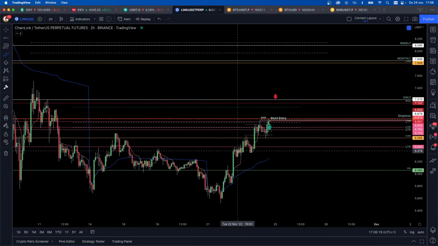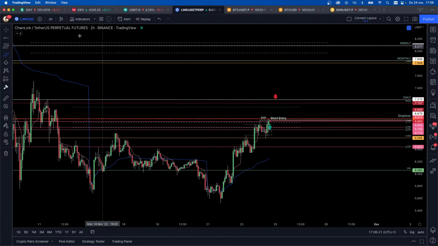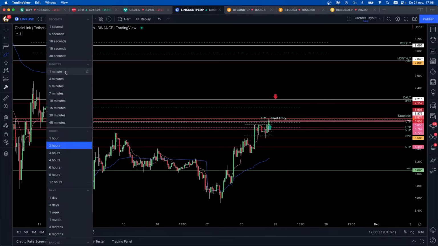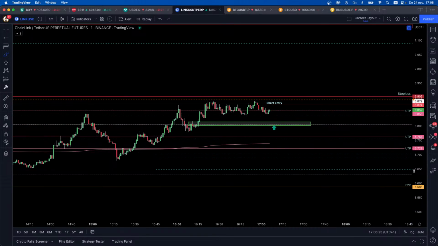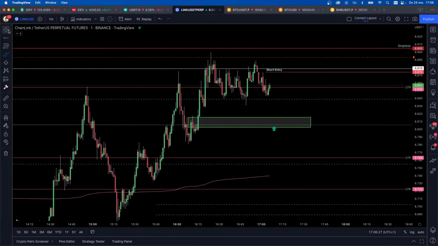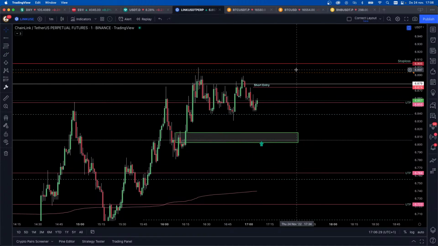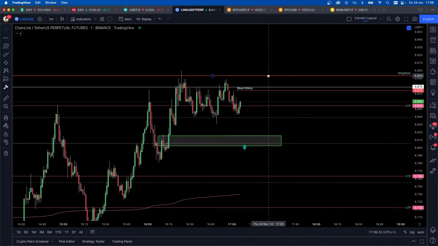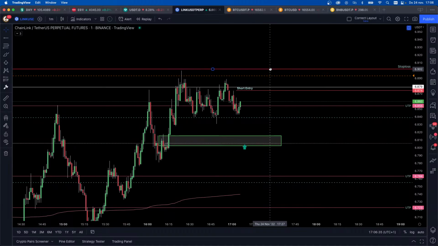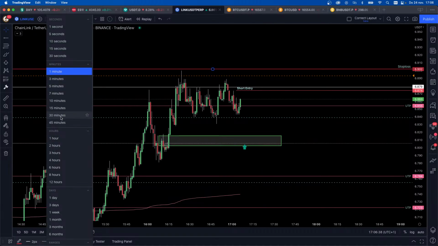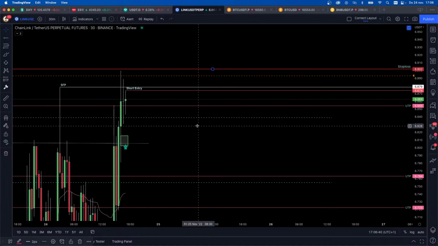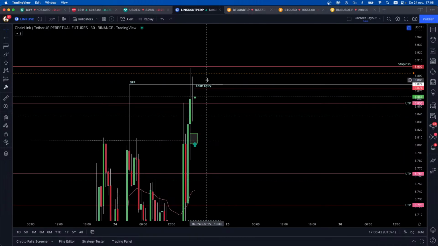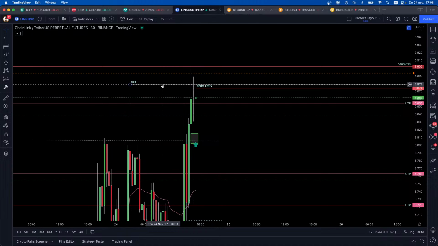You can even place your stop loss over here, because if you have the 30-minute time frame, you don't really want it to close over this SFP high.